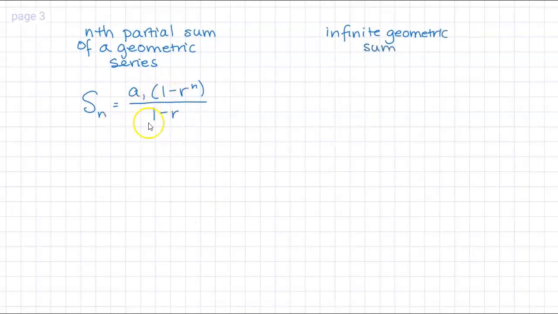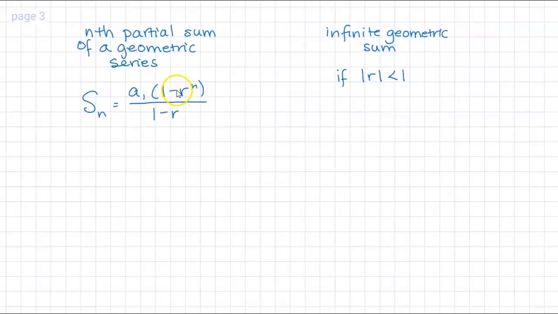Take a look at this formula here. The key is going to be this part right here. If the absolute value of r is less than 1, then when you start raising r to the nth power, when you go towards infinity, that's going to get smaller and smaller and smaller, and this is basically going to become 0.